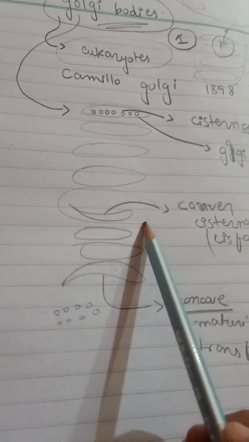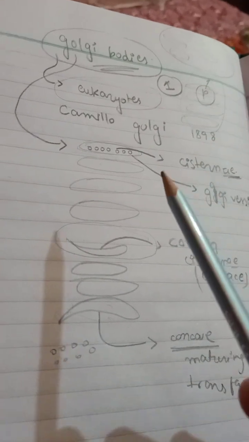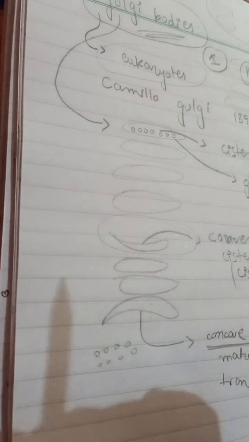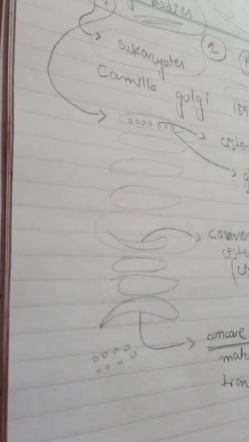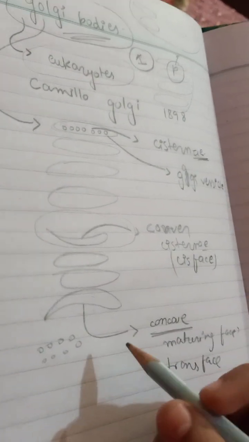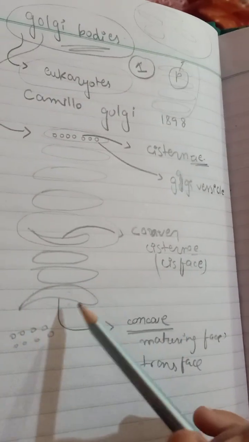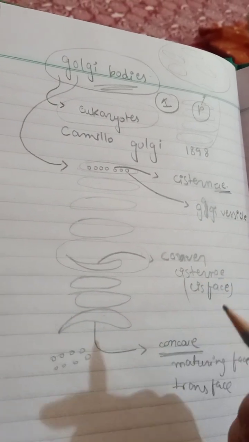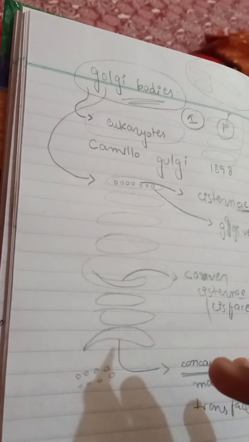After that, they basically take the protein from the smooth endoplasmic reticulum.